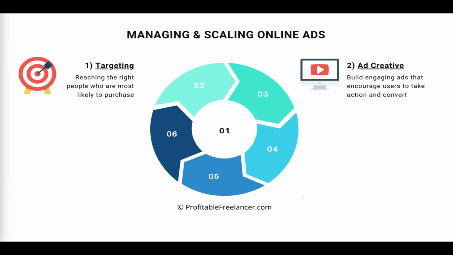And that is building ads that are engaging and they get users to take action and to ultimately become customers. Ad creatives can be on every single medium and in many different formats, like we saw in the online ads demonstration. It's all about testing and finding the best ads that work for each specific client that you work with.